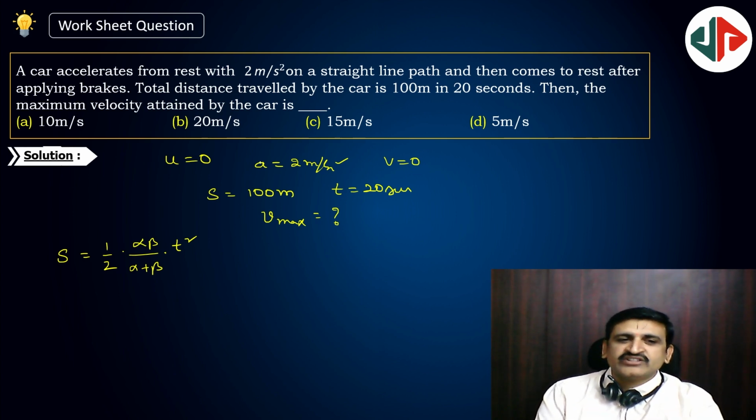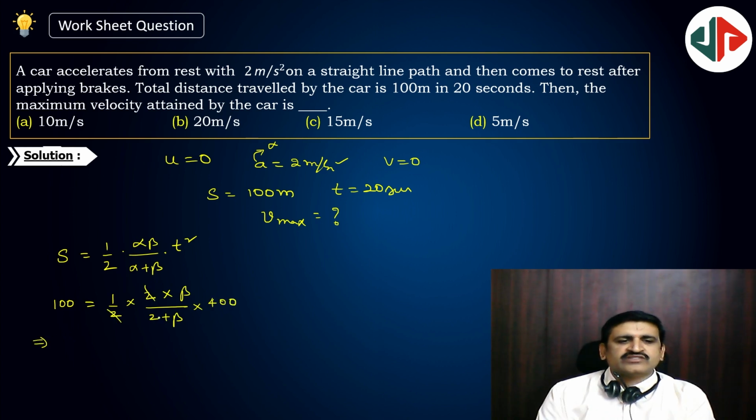So I can use this first to get beta. 100 is equal to half, alpha value 2, and beta by 2 plus beta, into t square. t square is 400, zeros will go. So it will be 2 plus beta is equal to 4 beta. So 2 is equal to 3 beta, so beta is equal to 2 by 3.